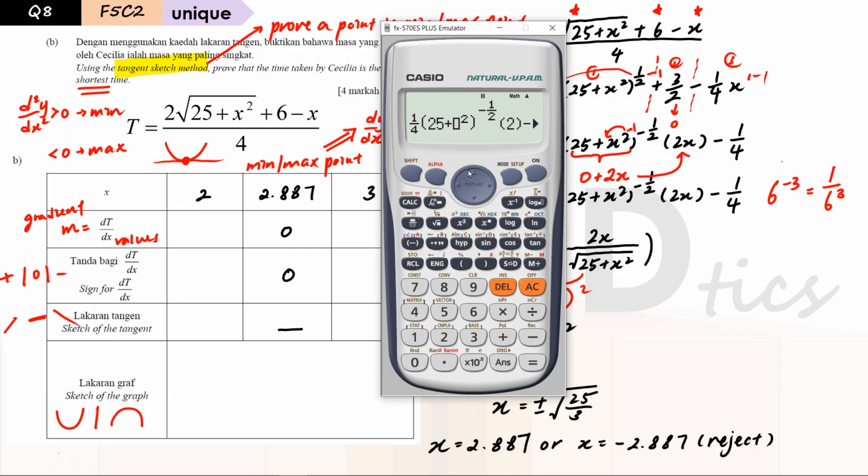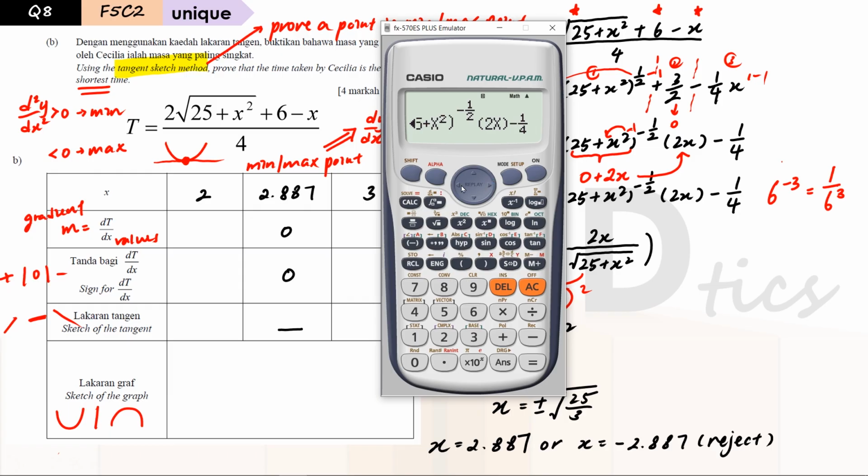Right? So how do we put x inside? So very simple. Let's press alpha, and then let's press this button here. Right? As you can see here, there's the x. So we need to call out this x, and it will appear here. And we also need to add another x after this 2. Right? So again, alpha, and then this one.